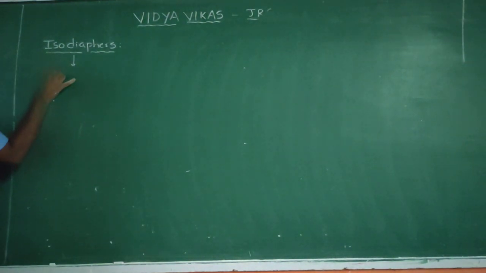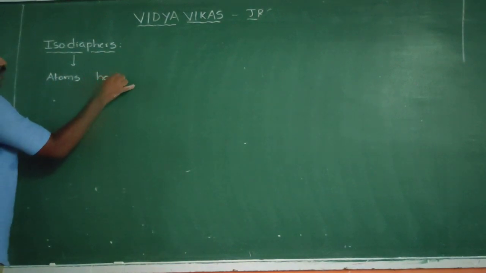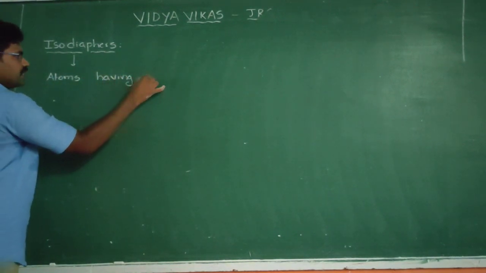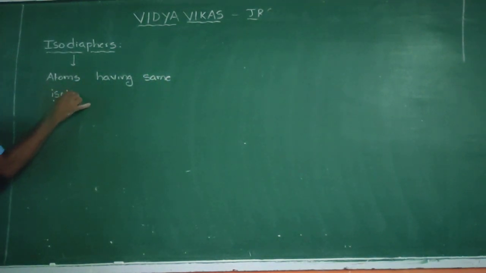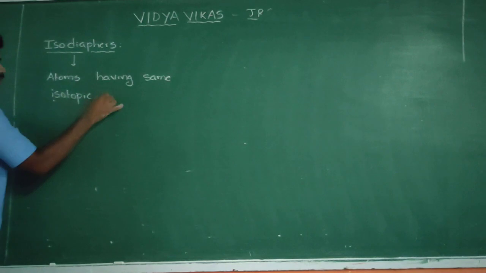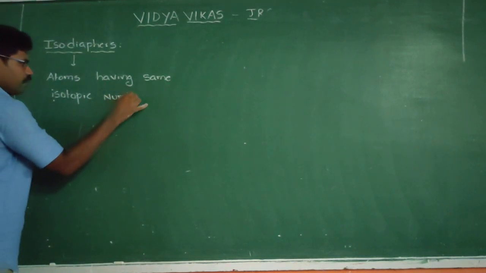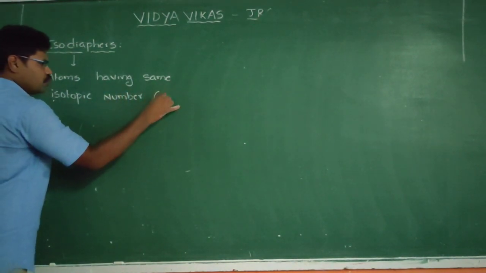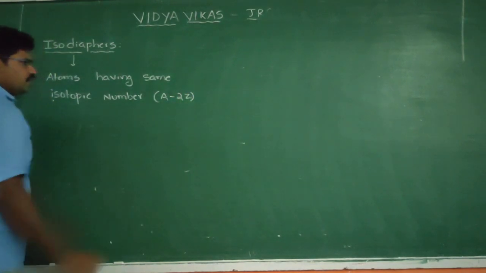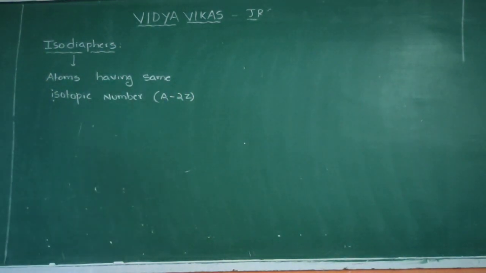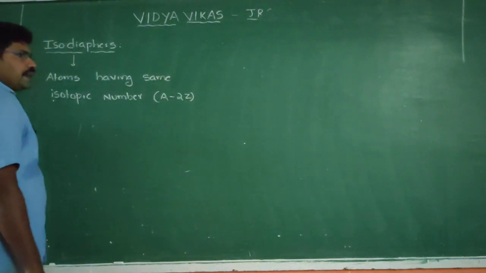Isodiaphers are nothing but the atoms which have the same isotopic number. Keep in mind, same isotopic number. Isotopic number means what, sir? Dear students, isotopic number means A minus 2Z. That's what we call isotopic number.